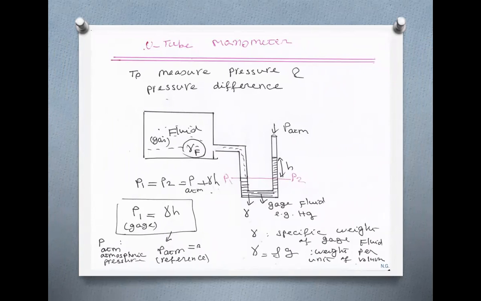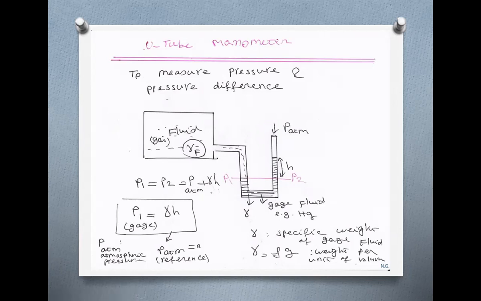Now, when you want to measure the pressure of the fluid, you connect this U-tube manometer to a container. By the way, this U-tube manometer has liquid of its own, which is called gauge fluid.